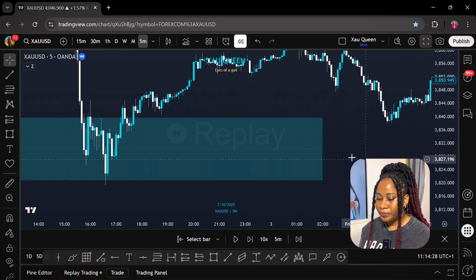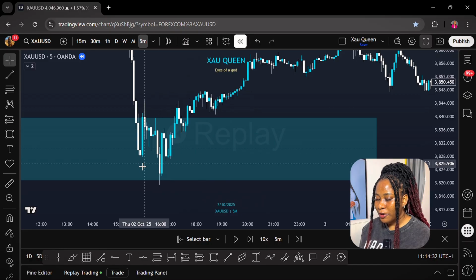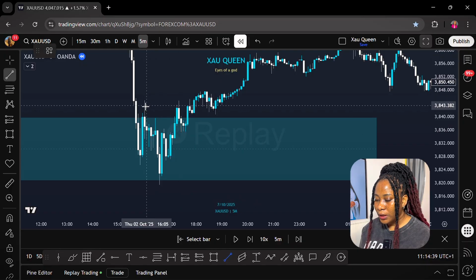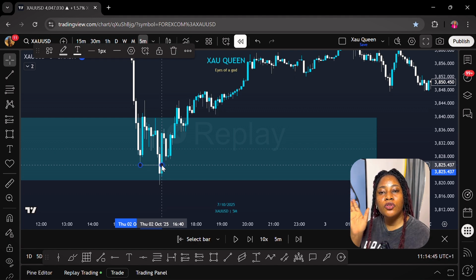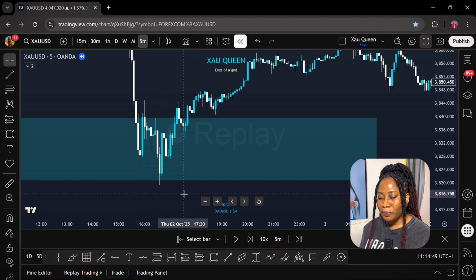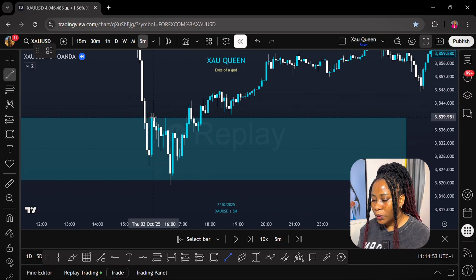So here you can see former buyers would have probably started buying from here. This is a bullish engulfing candle, but no, we're not using candlestick confirmation. So this was our sweep. That's the first thing we want to see. If there is no sweep, there is no entry. There must be a sweep, and then the body close.